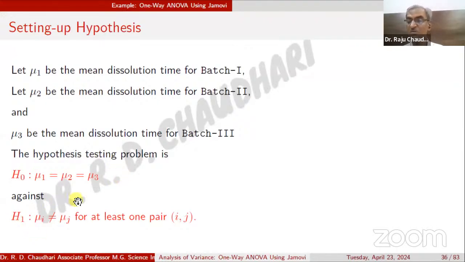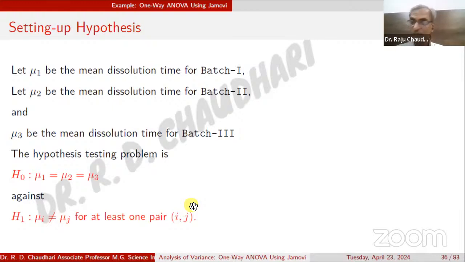Now remember, when you are comparing more than two means or more than two variances, never ever write the alternative as mu1 not equal to mu2, not equal to mu3, right? Because it is not possible. So the alternative is at least one pair differs. It may be possible that mu1 and mu2 are the same, but mu1 and mu3 are different, or mu2 and mu3 are different, right? That is why the alternative is always that at least one pair differs significantly.